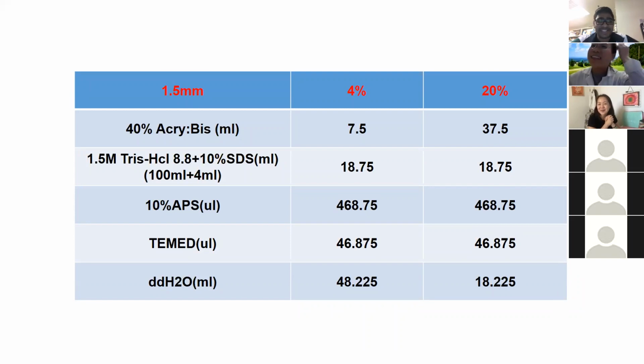Yes, sometimes if you're the new one in your lab and you want to practice, you can use this, and the cost is very low. I already used it in my graduate studies, so I know it is very cost effective.